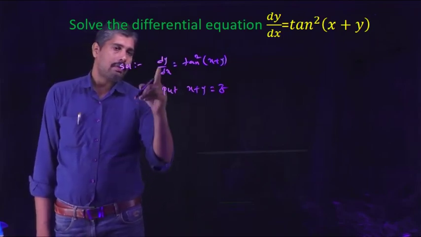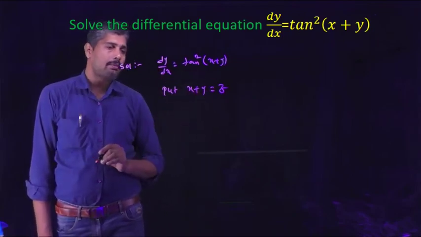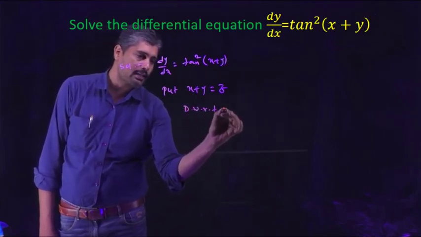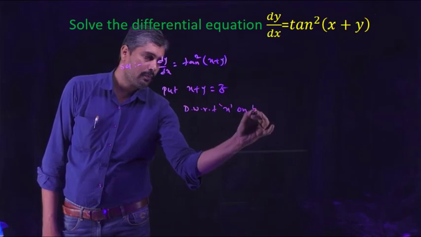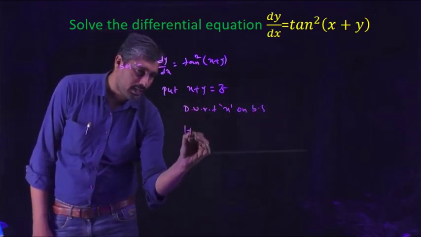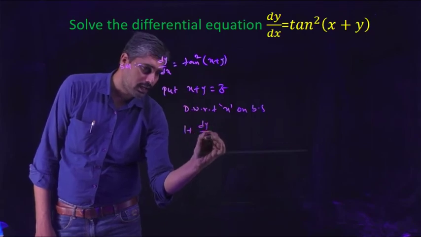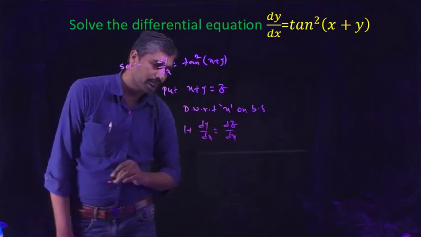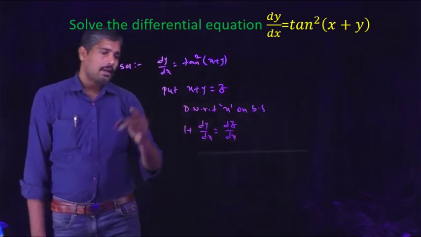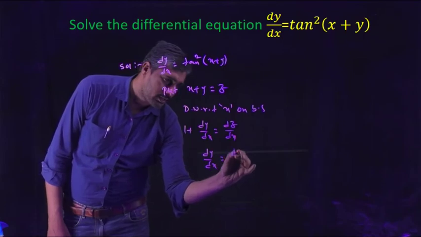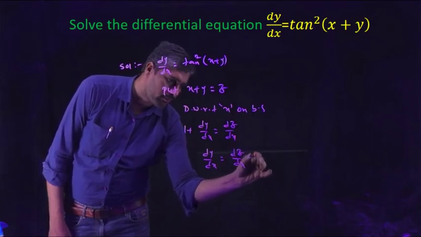Then dy by dx we convert into dz by dx, taking derivative with respect to x on both sides. Derivative of x is 1 plus derivative of y is dy by dx equal to dz by dx. Right? Therefore dy by dx equal to dz by dx minus 1.